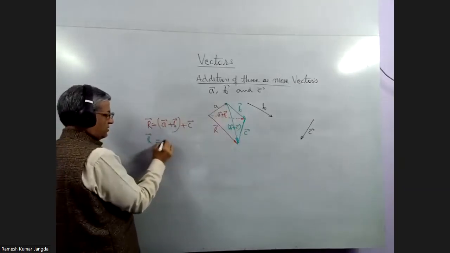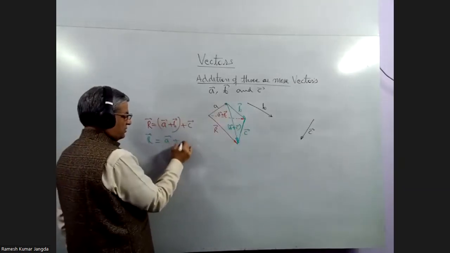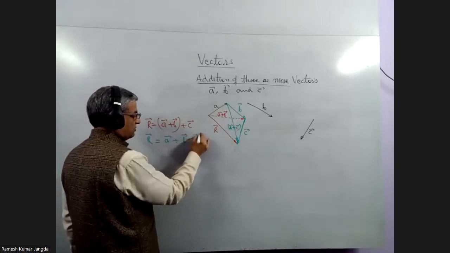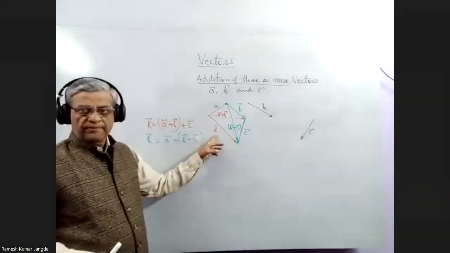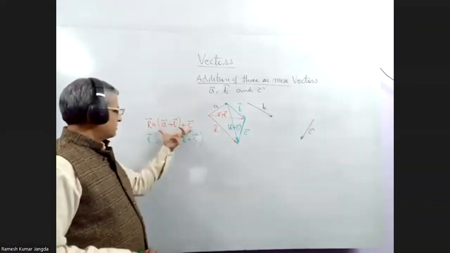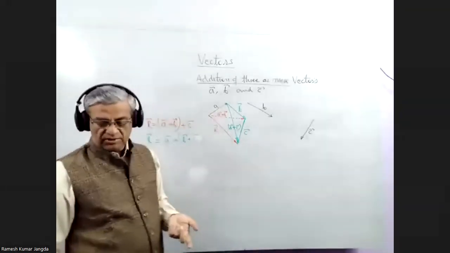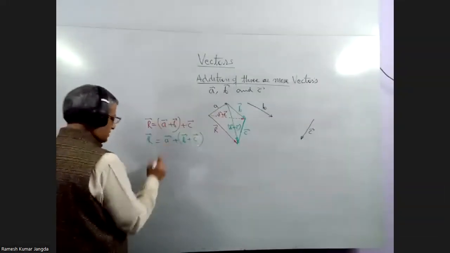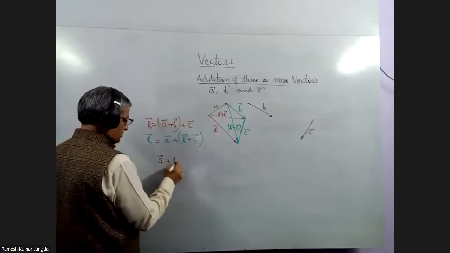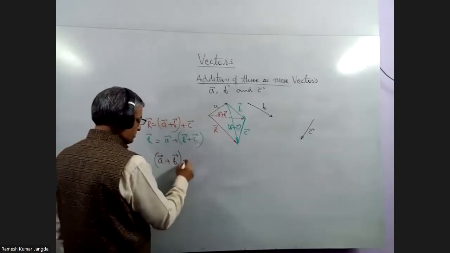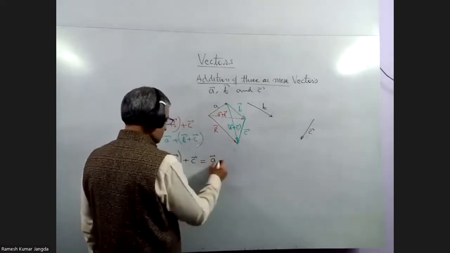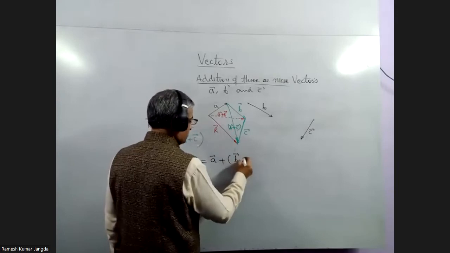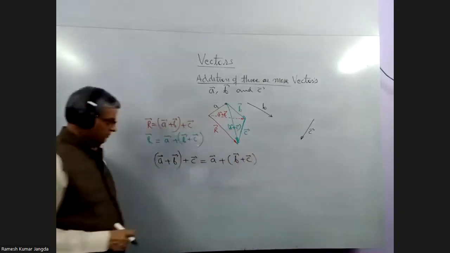So I get the resultant as vector A plus vector B plus vector C. Since the resultant R is the same, whichever way I proceed, I can write vector A plus vector B plus vector C is equal to vector A plus vector B plus vector C. What is this law of addition known as?